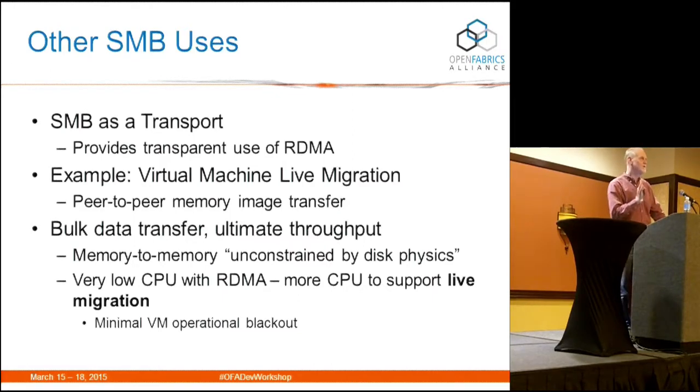Most storage workloads are governed in some way by a moving arm or the speed of the head or the speed of the flash or the speed of the interface or the number of devices, et cetera. This is just memory to memory. It goes as fast as it goes. So we have storage quality of service and some other things to maintain it. But we have incredibly low CPU, and in Hyper-V, that's very important to support live migration, which allows us to run the virtual machine while we're transferring it.